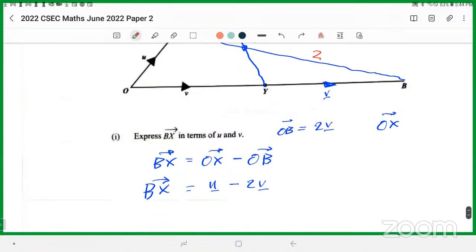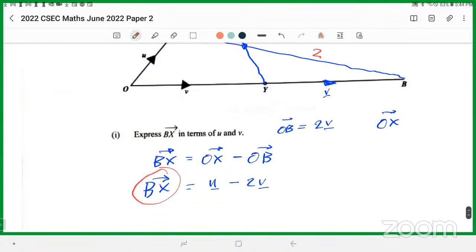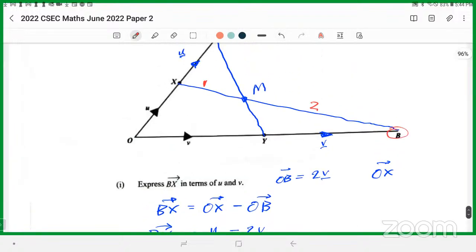Remember, we know this vector already, BX. We know the vector from B to X, all the way up here. So I can tell you from now that this BM, based on this diagram, is 2/3 of the BX that we know, because that is 2 of the 3 parts of the line BX.